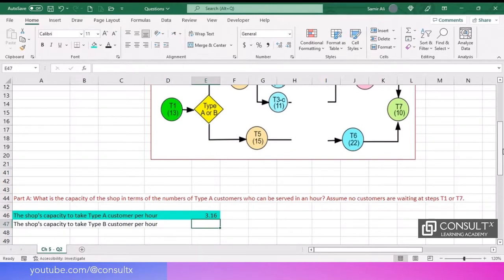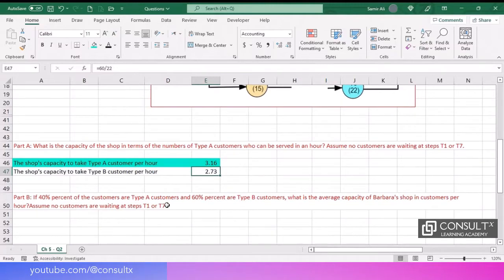So to find out how many customers it can handle in an hour, that would be 60 divided by 22. And this is our answer over here. So now we know that the shop can take type A customers 3.16 per hour and type B customers 2.73 customers per hour. Now we have the breakdown over here of the percentage.